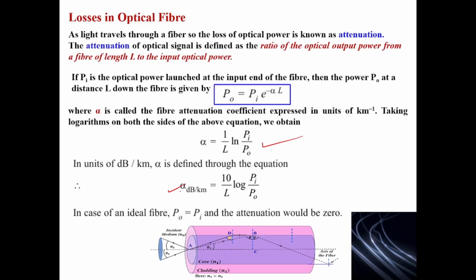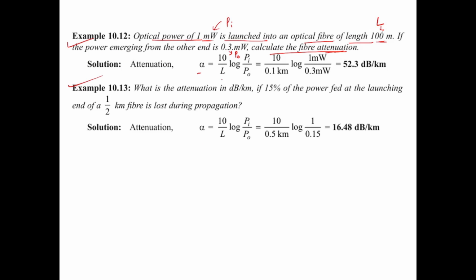Here I used the second formula. So alpha will be equal to 10 by L log Pi by Po. Here L is 100 meter, that means 0.1 kilometer, and log of 1 milliwatt by 0.3 milliwatt, because these two units will cancel out. Finally we find the answer will be 52.3 decibel per kilometer.